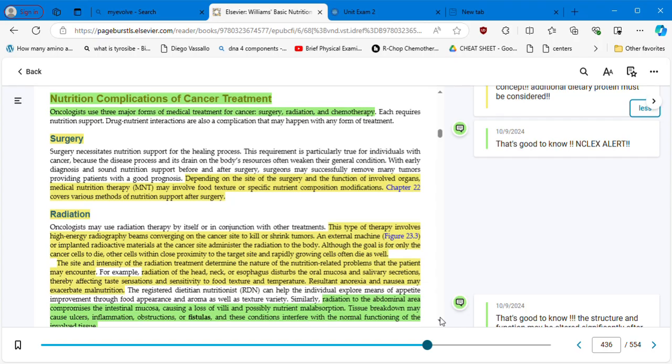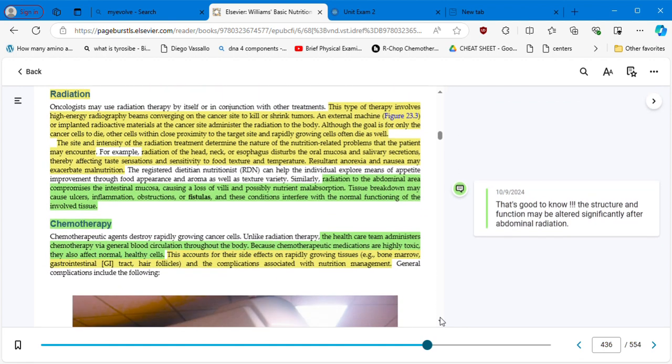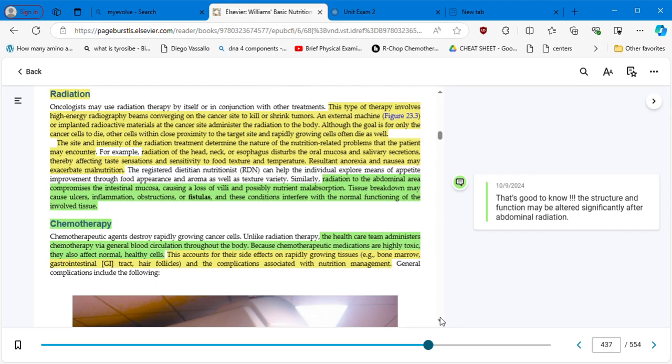In the previous chapter, we covered different methods of nutrition support after surgery, right? So this is in the case of a cancer patient that is going to go through surgery. Let's say colon cancer, we need to remove the tumor from the descending colon, let's say, right?